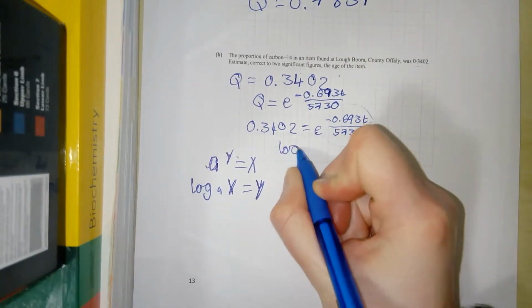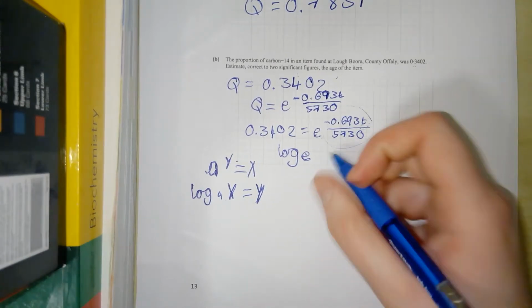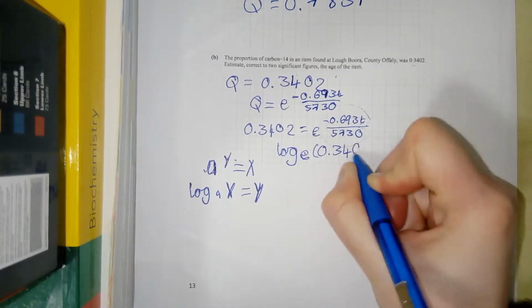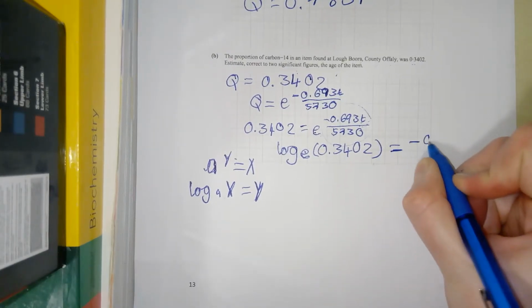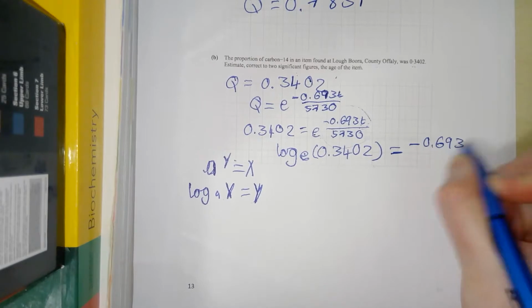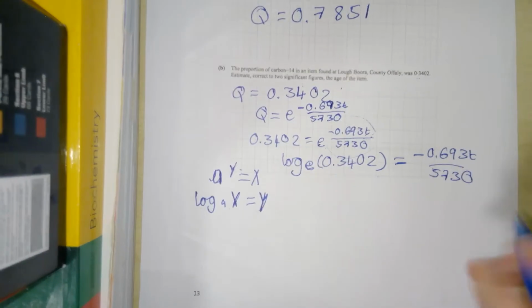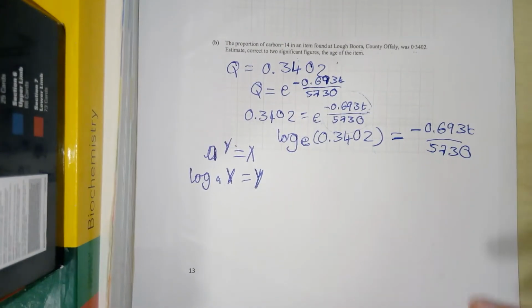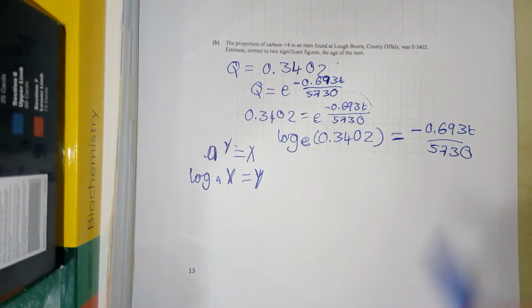So it'll be log base e of 0.3402, and that's equal to minus 0.693 T over 5730. If you want to figure out what T is, we can rearrange to get T by itself.